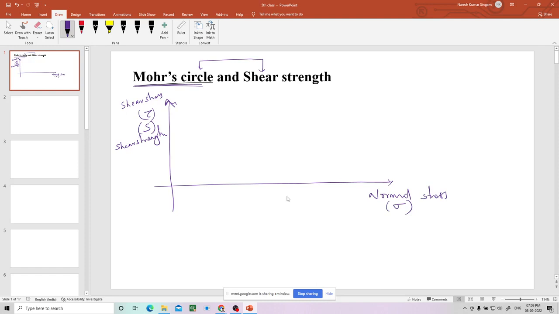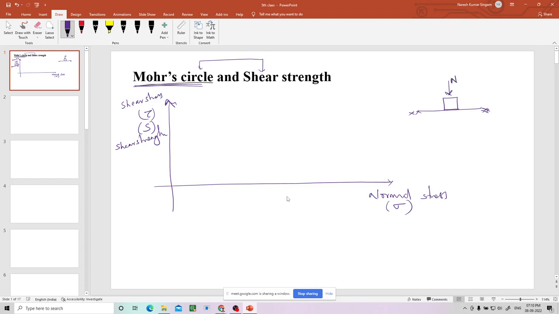To simply make you understand, take a block which is on any surface. Now we are applying some normal load here.